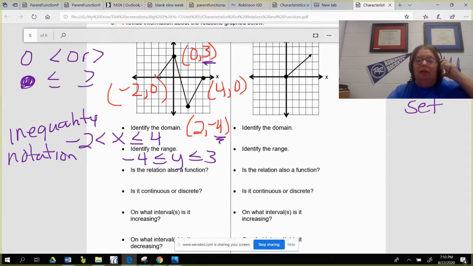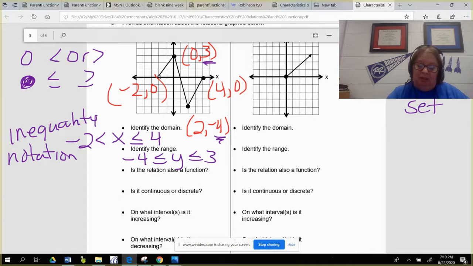Okay. Is this relation also a function? Next question. Is the relation also a function? When you look back at that graph, how do we know? We can look at, do the x's repeat? There's no way to list every single point. We can do the vertical line test. Is there anywhere on that graph that we could draw a vertical line and it would cross more than once?